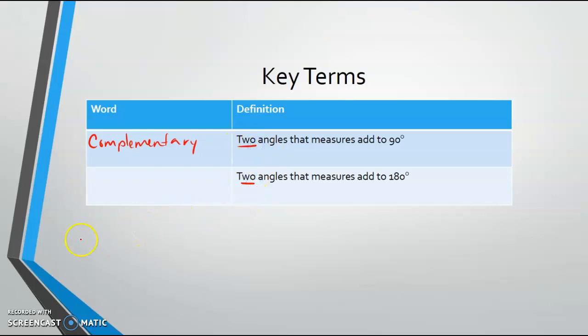Just like two angles whose measures add to 180, those are supplementary angles. Supplementary. I don't have any cool way to remember that, but if you remember complementary is 90 degrees, then supplementary has to be 180.